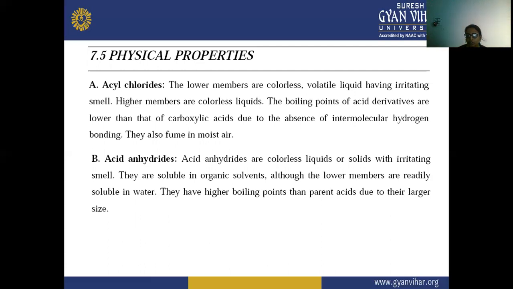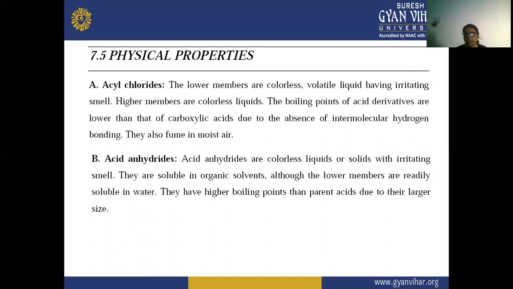But in case of the acyl chloride, there is no intermolecular hydrogen bonding because there is no OH group, only the presence of chlorine. So these acyl chlorides also fume in the moist air.